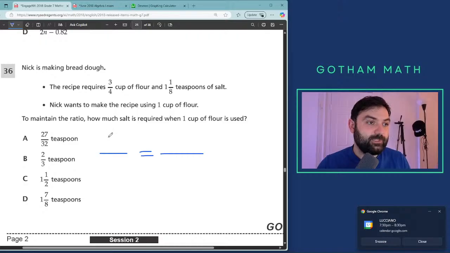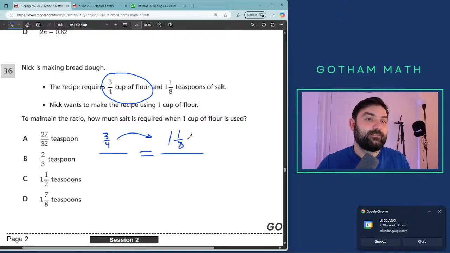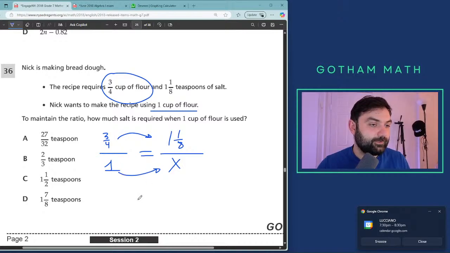We're going to say 3/4 cups of flour correspond to 1 1/8 teaspoon of salt. And then we want to find out what if we use 1 cup of flour. I always put flour with the flour. So it's 1 cup of flour and x teaspoons of salt. Okay, that's how it works.